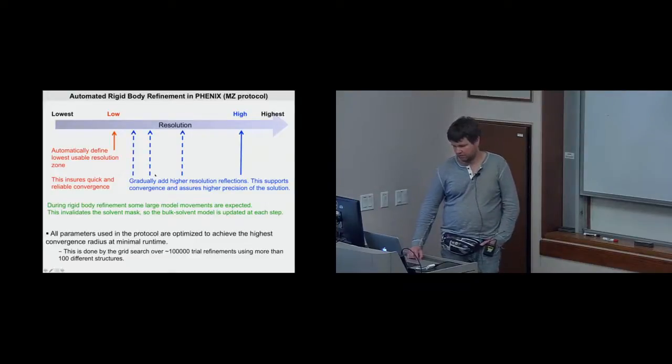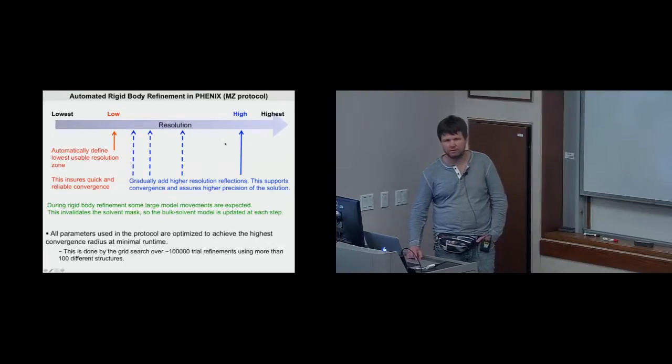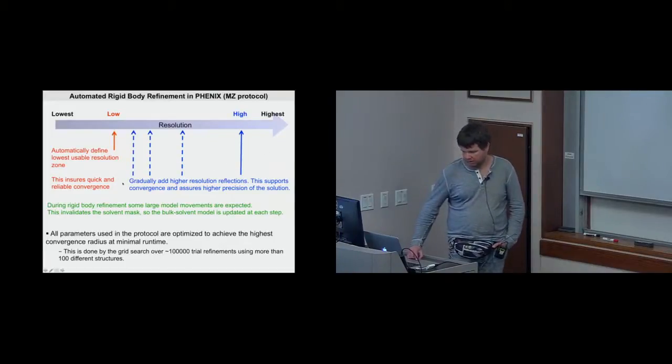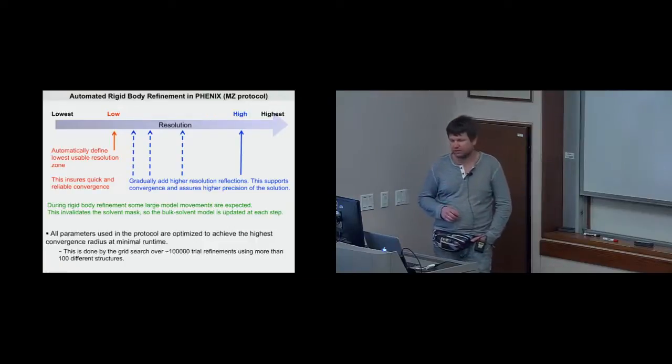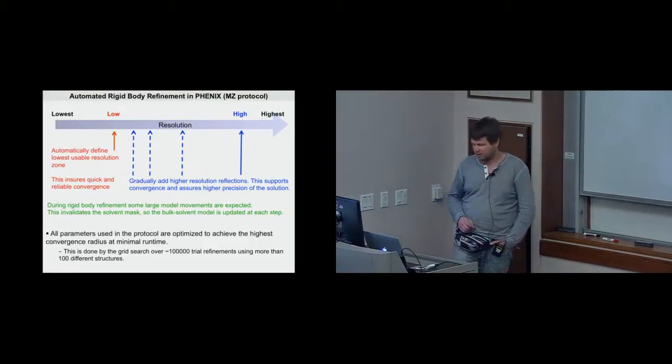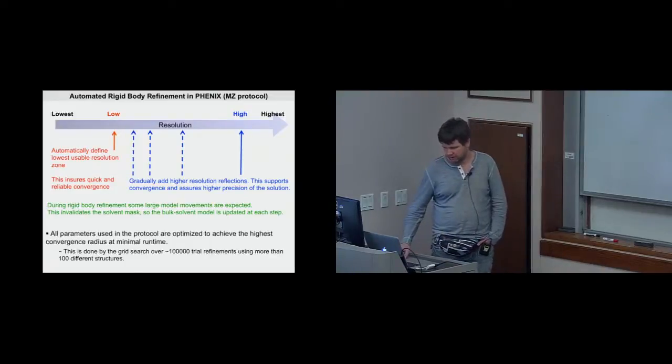This way we get the highest convergence radius and highest accuracy of our final result. Of course, there are parameters involved in this process, and we found optimal parameters by doing hundreds of thousands of refinements on different models just to find proper optimization. So rigid body refinement is very efficient in Phenix.refine, supposed to be.